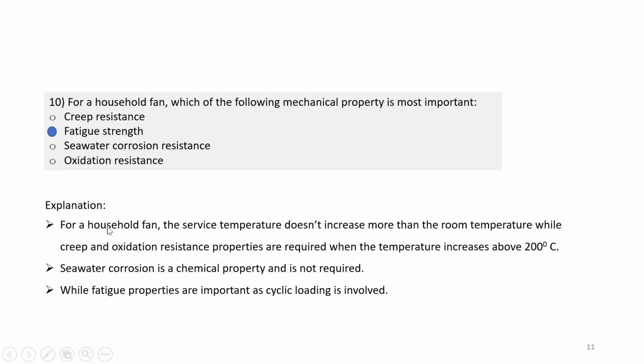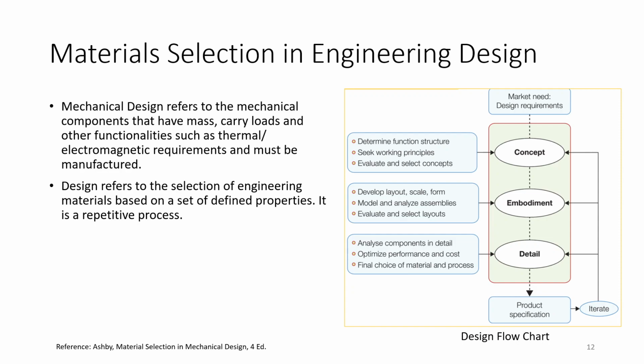For a household fan, the service temperature doesn't increase more than room temperature, while creep and oxidation resistance properties are required when the temperature increases above 200 degrees Celsius. Sea-water corrosion is a chemical property and is not required, while fatigue properties are important as cyclic loading is involved in the case of a household fan.